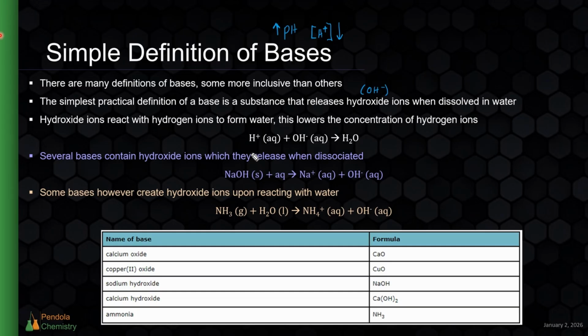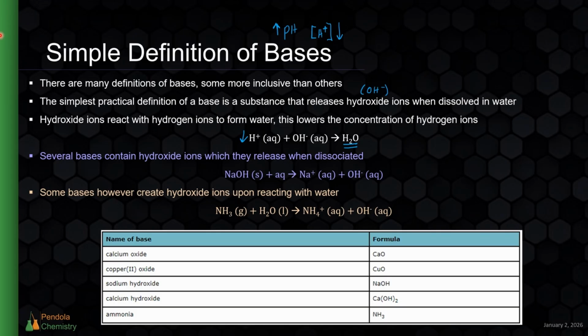Well, hydrogen ions already present in water can react with hydroxide ions that are released by the base, and they create water. So by the base releasing hydroxides, it's reacting those hydroxides with the hydrogen ions in the water, because even pure water has hydrogen ions, and it creates water molecules. By doing this, it lowers the concentration of the hydrogen ion.